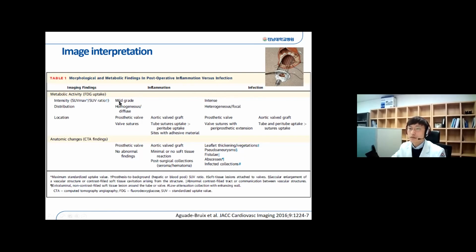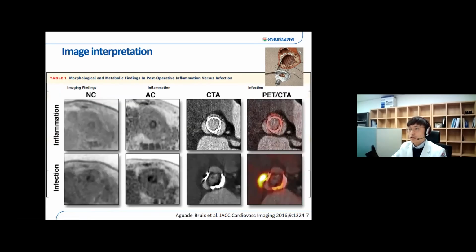So please refer to the intensity and distribution when you have to differentiate postoperative changes from actual infection. The representative images show the focal and heterogeneous intense uptake for real infective endocarditis cases, in contrast to homogeneous diffuse ring-like uptake, which can be seen in non-specific postoperative inflammation.